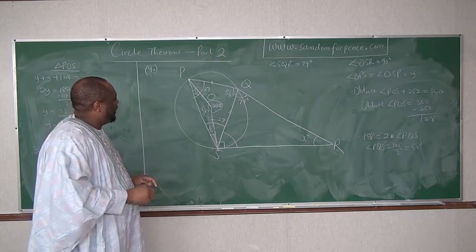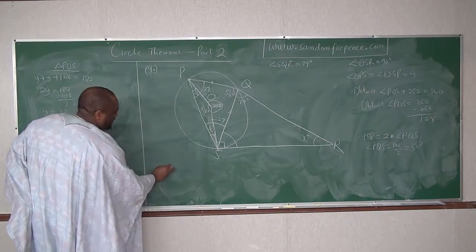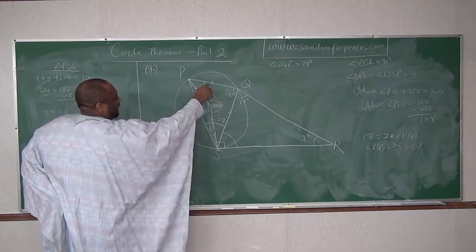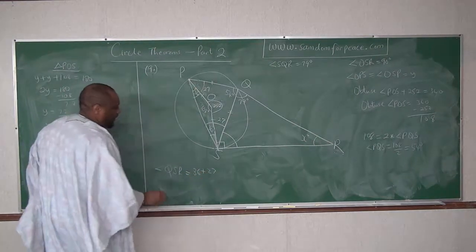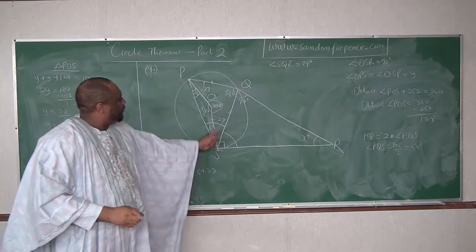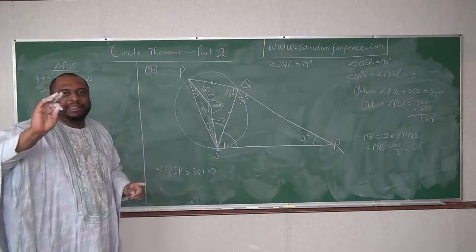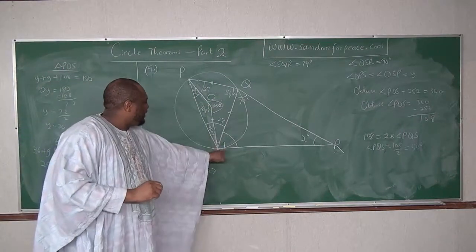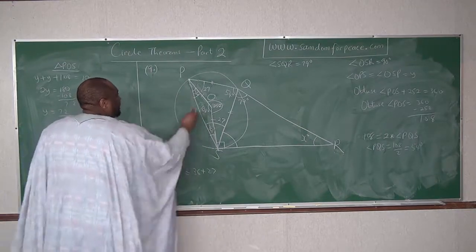We can say that angle QSR is equal to this here, 36 plus 27. Angle QSR is equal to this angle. Reason: theorem 8. Angle between a chord and a tangent is equal to the angle in the alternate segment.